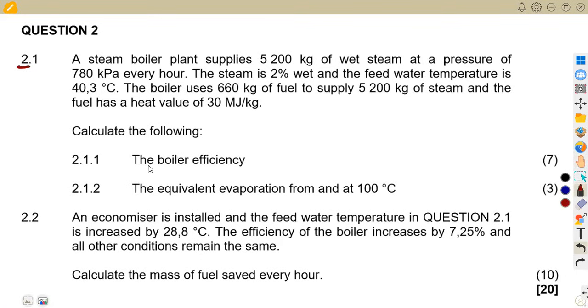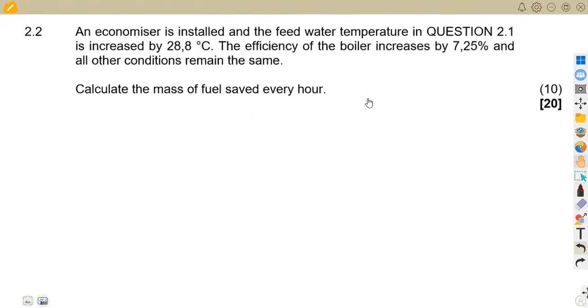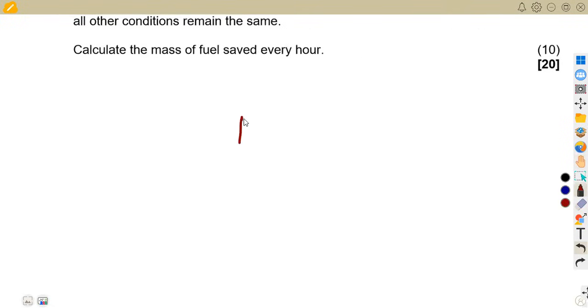In 2.1, we have a condition that a steam boiler plant supplies 5,200 kgs of wet steam at a pressure of 780 kilopascal every hour. We are talking about the wet steam at the output of our boiler. Like I explained before, on a normal condition you are supposed to have an economizer, an evaporator, a superheater, but here we are going straight to the boiler.